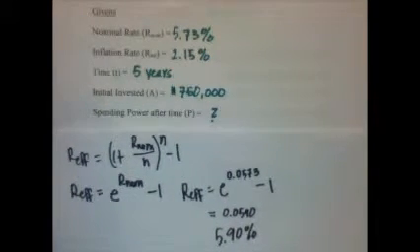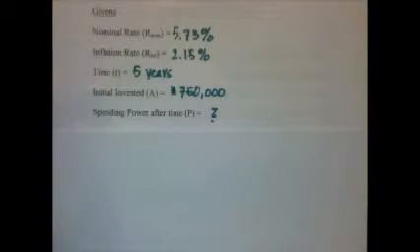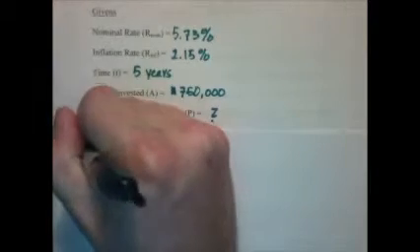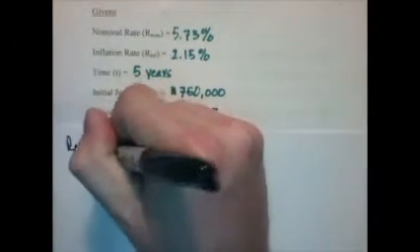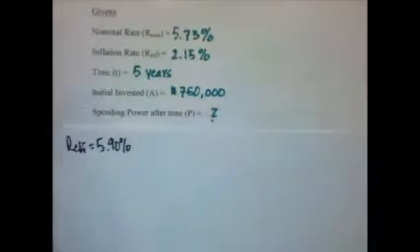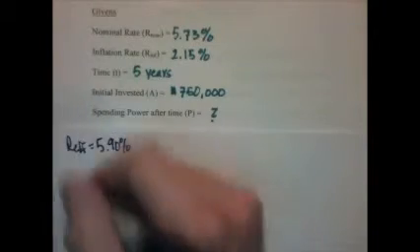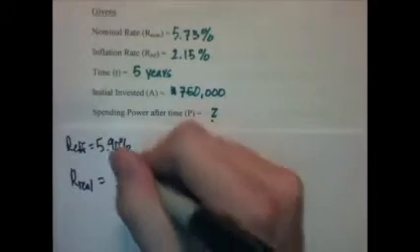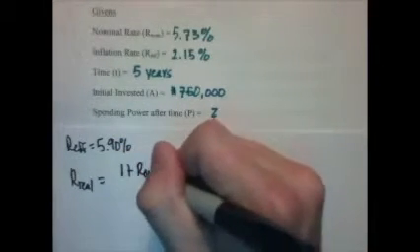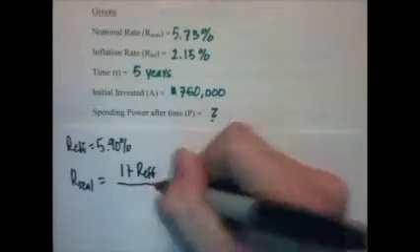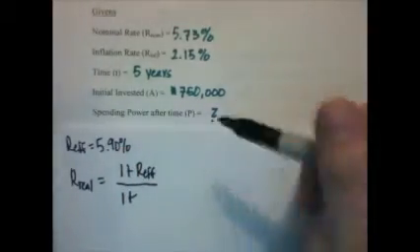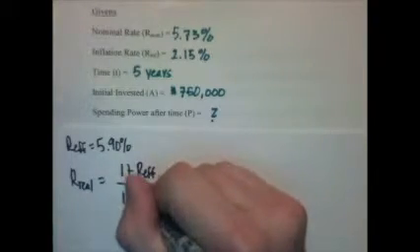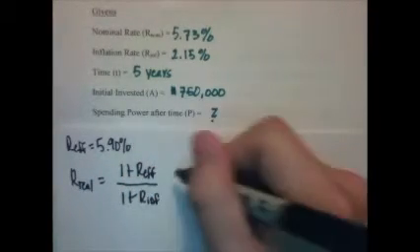Now that you have the effective rate, the next step is to convert that effective rate into a real interest rate. So you have your effective rate of 5.90%. And the equation that you're going to use to get your real interest rate is the real interest rate equals 1 plus the effective interest rate over 1 plus your inflation rate, minus 1.